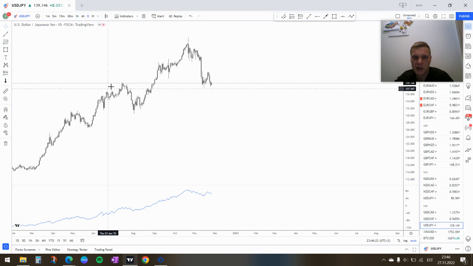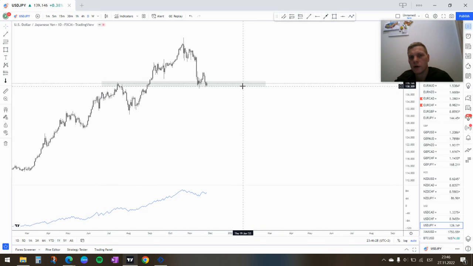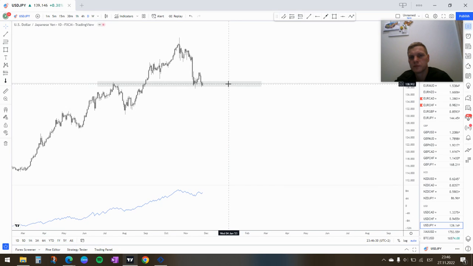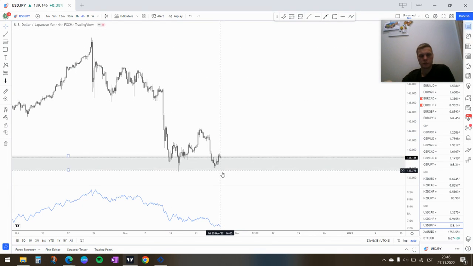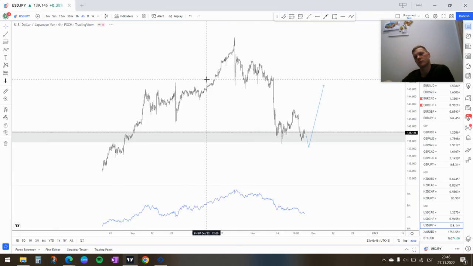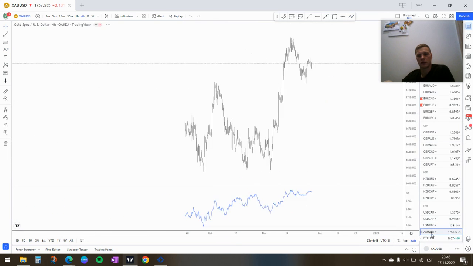Price is still at daily zone on UJ, and yeah, I'm anticipating a second week here, and then it might continue up, something like that, I think.